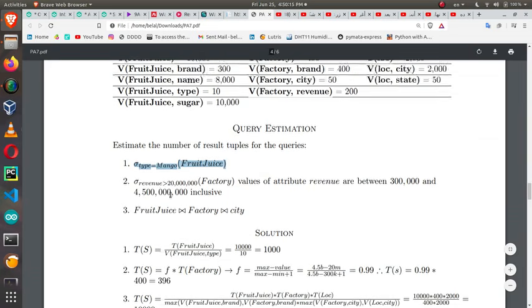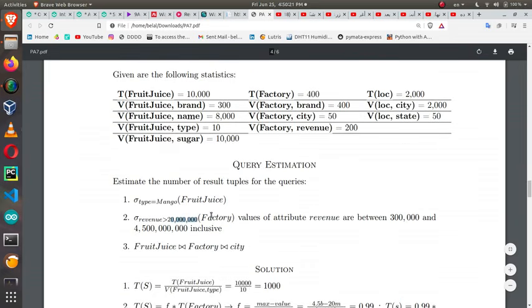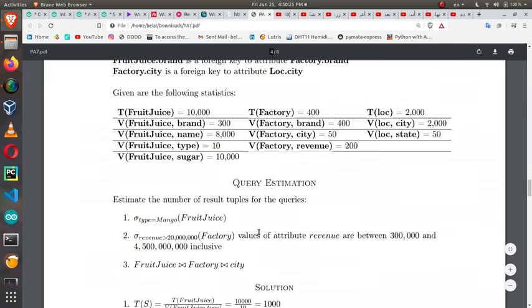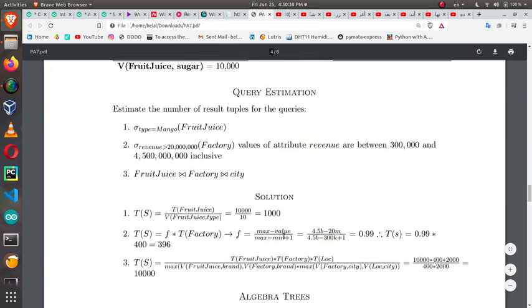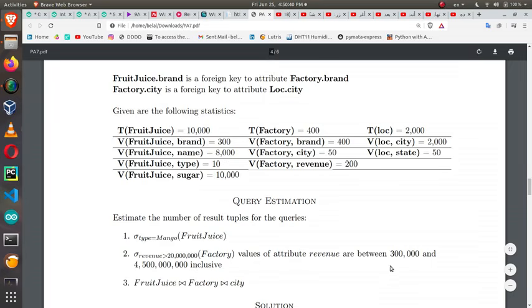Next: select from factory where revenue is greater than 20 million. The values of attribute revenue are between 300 and 4.5 billion, inclusive. In other words, he gives us the minimum and the maximum.